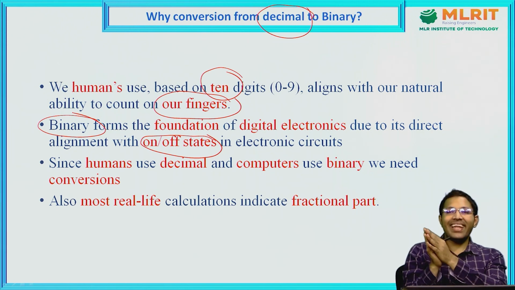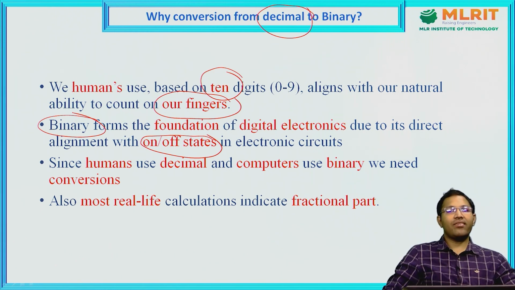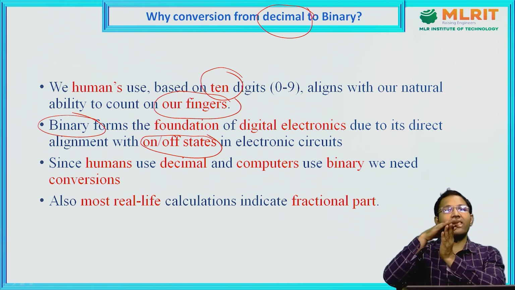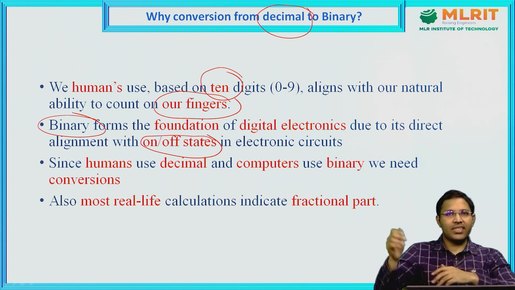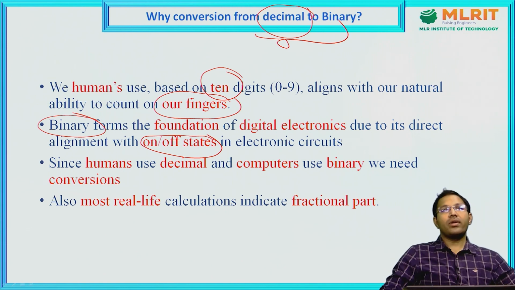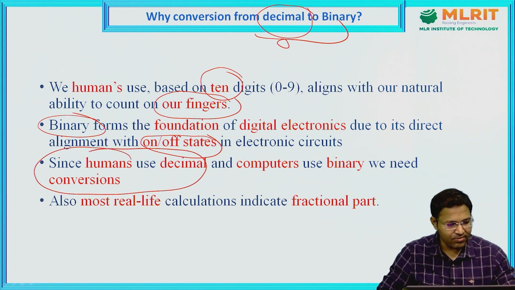Next, the result, suppose 3 into 5, you get something like 0, 0, 1, 1, a series of zeros and ones, which is difficult for us to interpret. So that is the reason we need to convert the binary numbers back to decimal. Both conversions are very important, decimal to binary or vice versa. So that is the reason we have to consider the conversions.